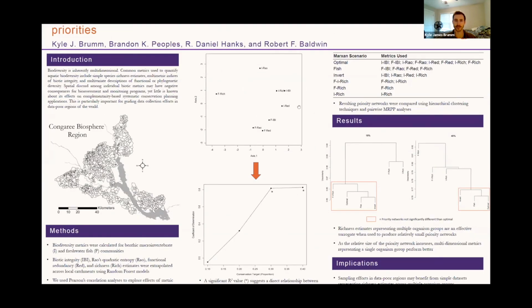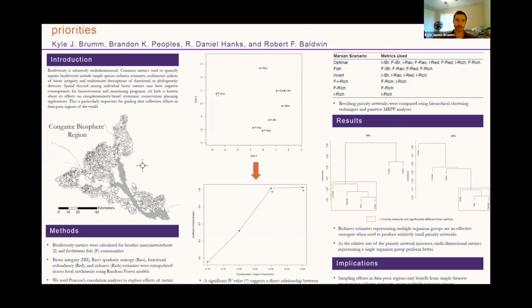So for instance, our first result here is a principal coordinate analysis that took all of these metrics and a Jaccard similarity matrix and just tried to maximize variation, right? So all of these metrics are inherently spatial. And so what we end up seeing is that our data kind of spread along two main axes.